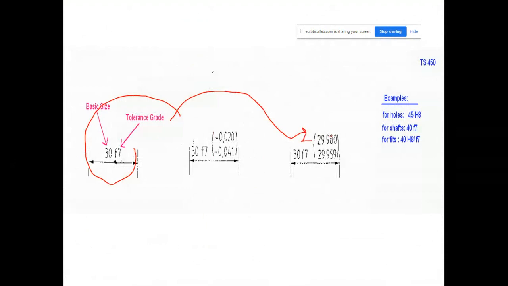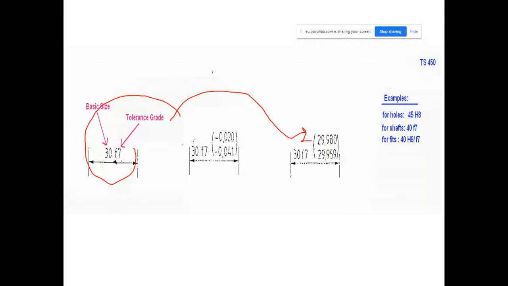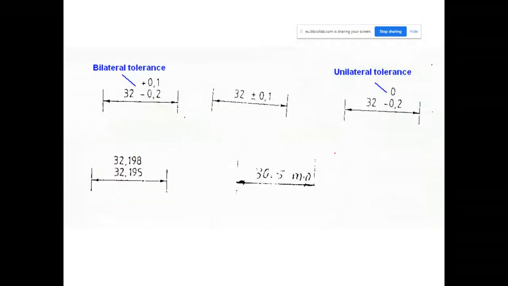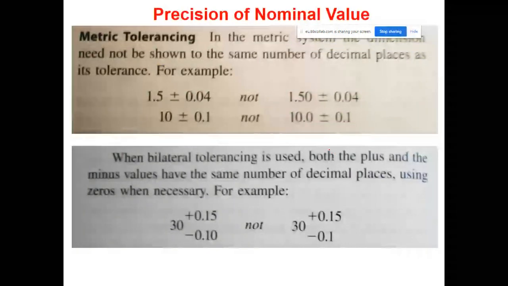Writing the corresponding upper and lower limits today is good practice, especially as technicians are not so good at converting the code to a certain upper and lower limit. Okay, and now, this is a very important slide.